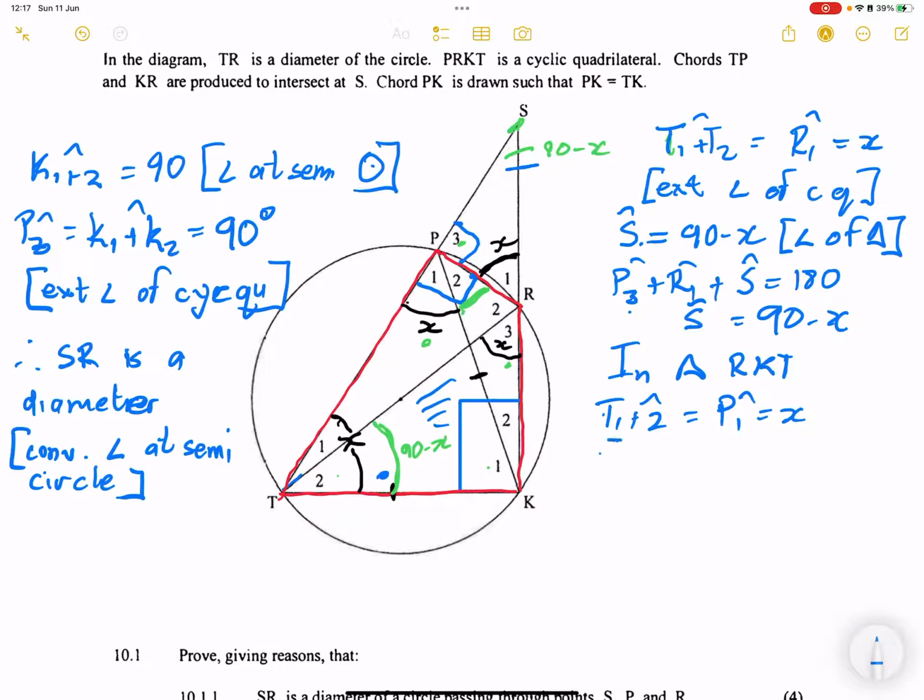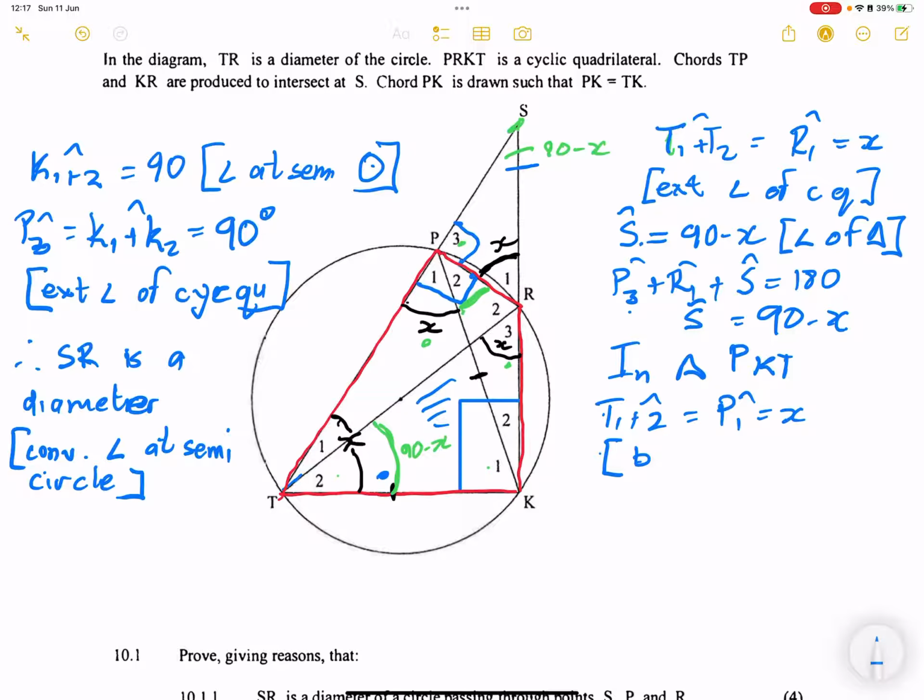But why is that? The reason is that these are base angles of an isosceles triangle. Sorry, that should have been PKT, not RKT. So it's PKT. So T1 and T2 are equal to X, which is also equal to P1.